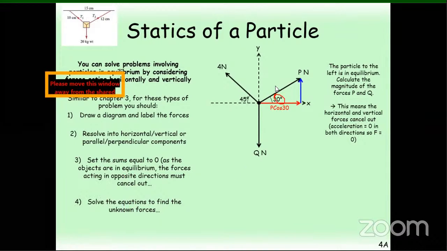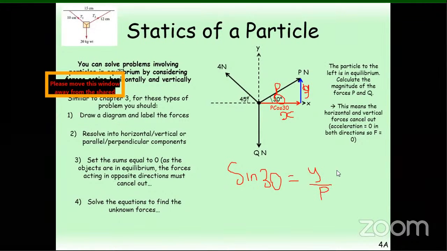This is the hypotenuse, which is P. Then we can call this one Y, and this one X. So we say sine of 30 is equal to opposite, which is Y, divided by P, isn't it?